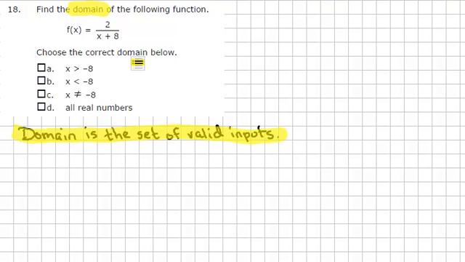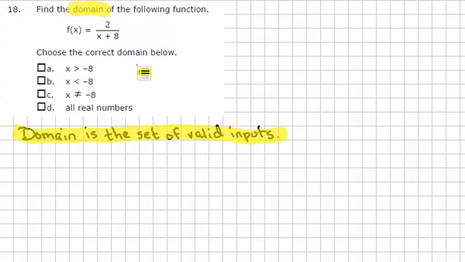So what we want to do is to find all the valid inputs for the function f of x equals 2 divided by x plus 8. Now sometimes it's easier to think of the set of invalid inputs first.